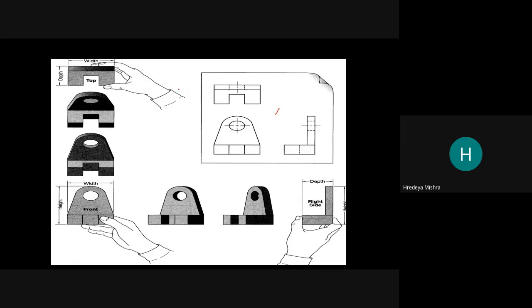So you can clearly see the isometric view, side view, L-shaped front view. So you get the front height and width here, and the height and width of the top.